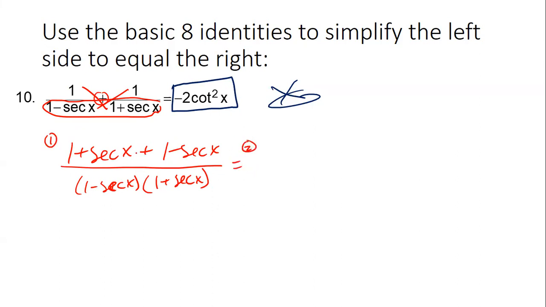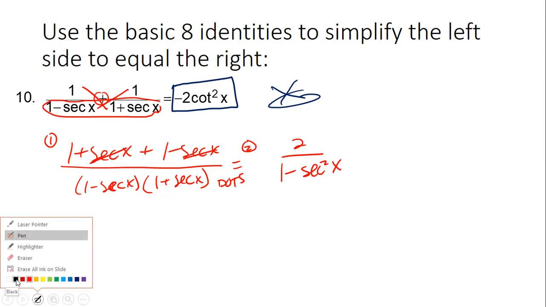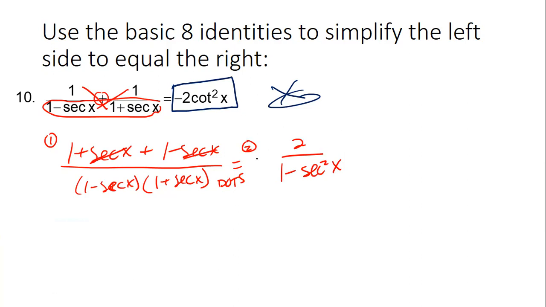When I do that, the secants cancel out. 1 plus 1 is 2. This is a difference of 2 squares, so it becomes 1 minus secant squared x. So there's nothing left for me to do.